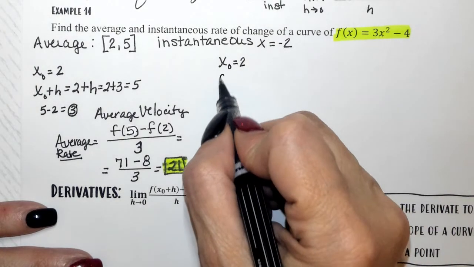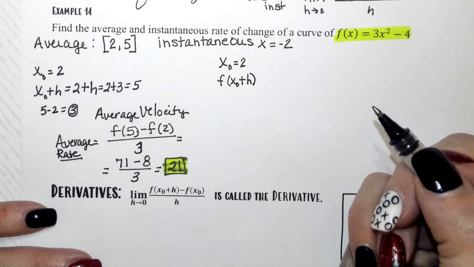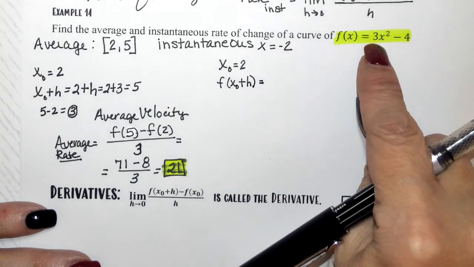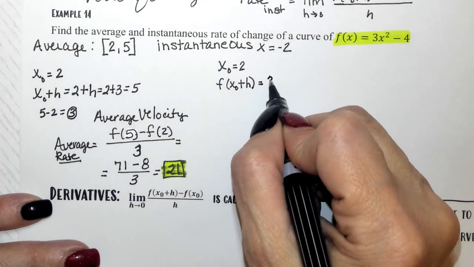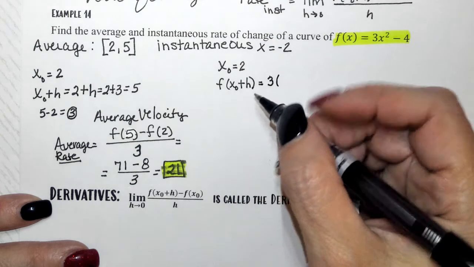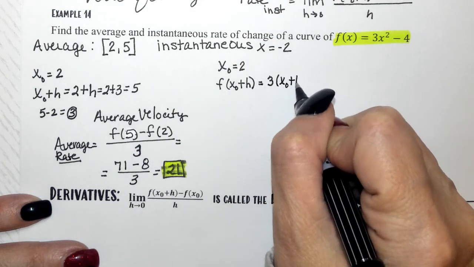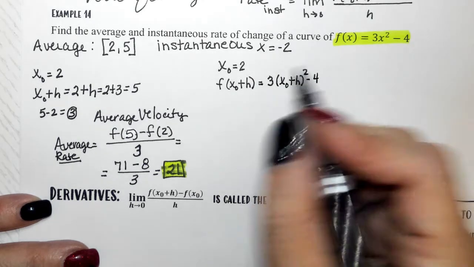And then let's look at f of x naught plus h. We're going to go back to our equation, but we want instantaneous. So we're going to do 3 times (x naught plus h) squared minus 4.